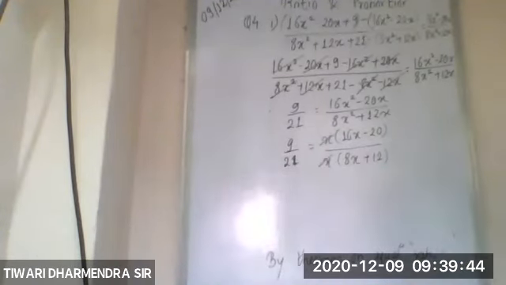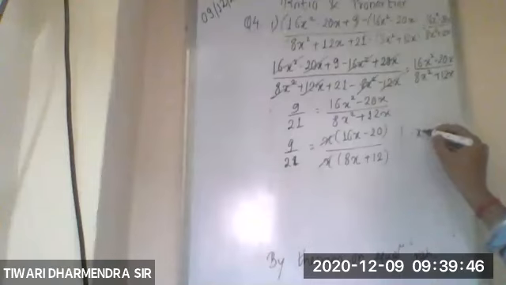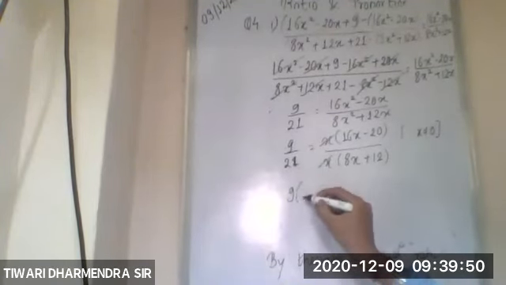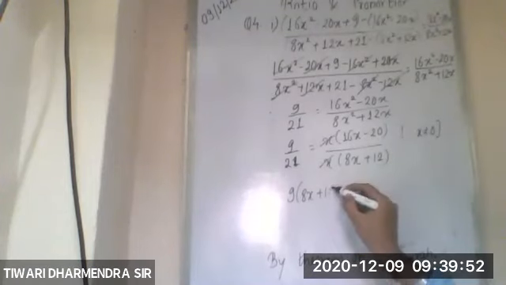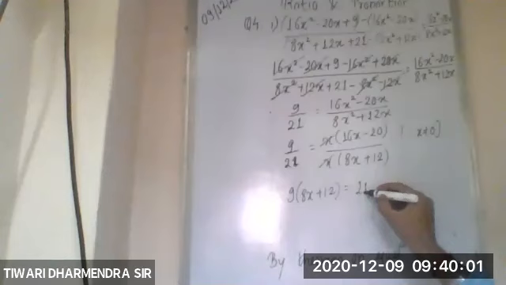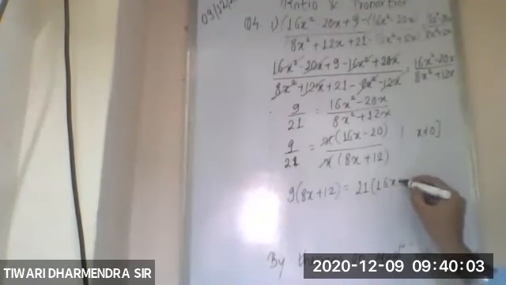X gets cancelled, since x is not equal to 0. Therefore 9 into 8x plus 12, taking a cross multiplication, or taking the terms to the left hand side and right hand side as per requirement, is equal to 21 into 16x minus 20.